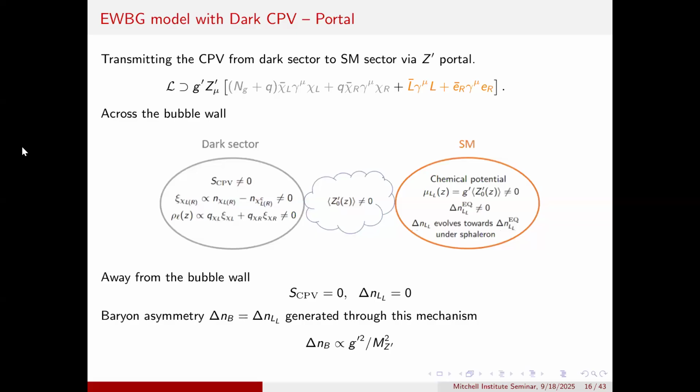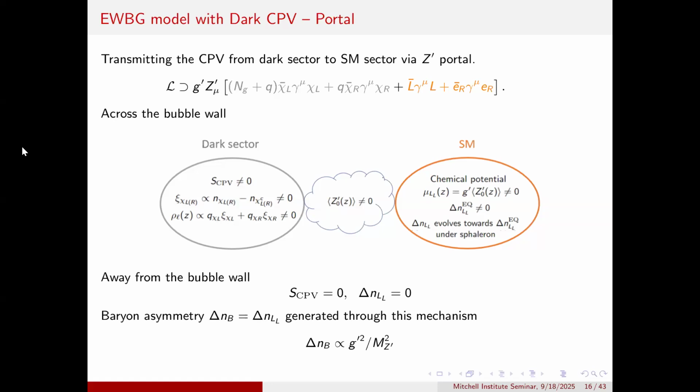And we also generate an equal amount of chi R minus chi R bar. And the crucial thing to observe here is that the left-handed chi L and chi R carry different amounts of charge. And this is assigned by anomaly cancellation in the UV.